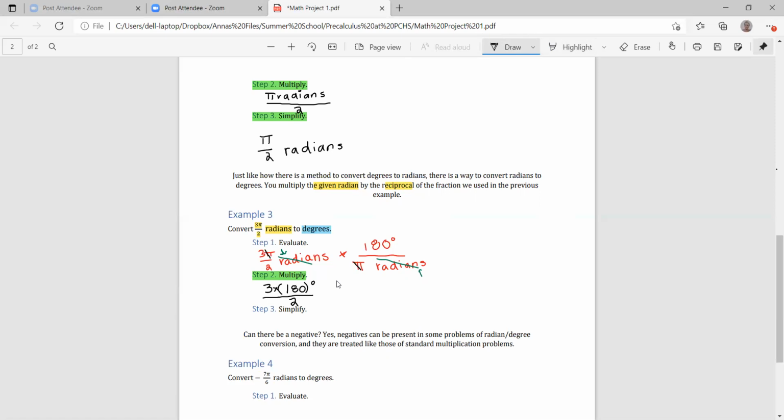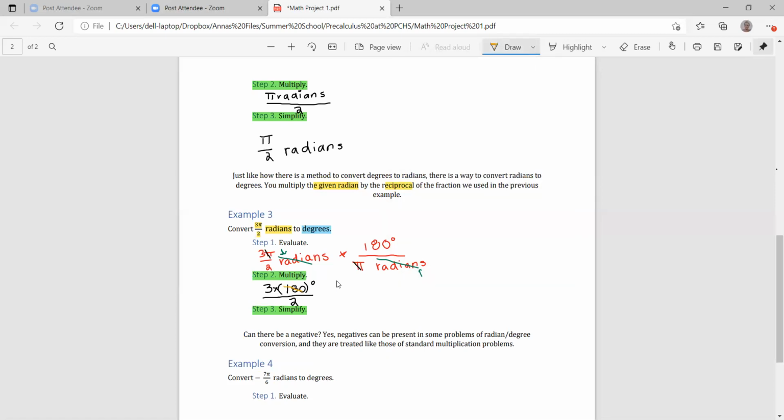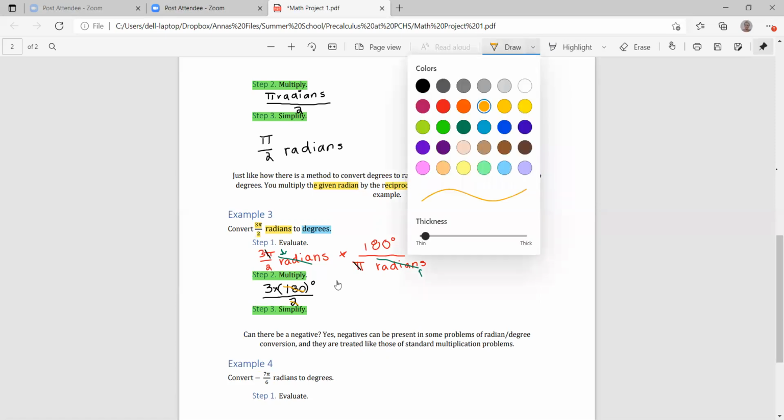So using this, we are going to move on to step 3, which is simplifying. What can we simplify? Well, since this is multiplication instead of addition, we can use the denominator to divide from the numerator. So we're going to take this 180 and divide it by 2. 180 divided by 2 is simply 90.